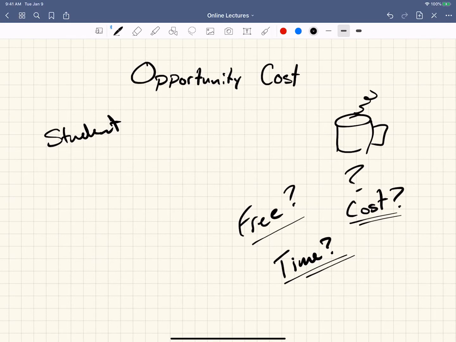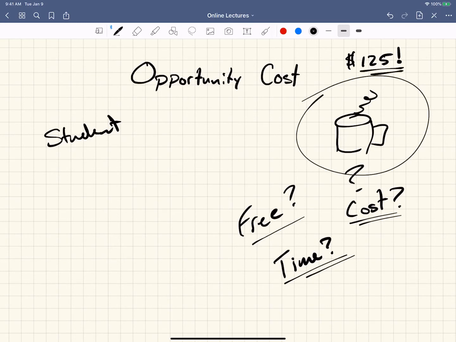If you're a lawyer and you bill out at $250 an hour and you sit in that long coffee line on free coffee day for even say 30 minutes, what is the opportunity cost to you? Well, if you hadn't been sitting in the line, you probably would have been doing work, and that work is worth $125 for a half an hour. And so the opportunity cost of that cup of coffee now is $125. This is significant, right?